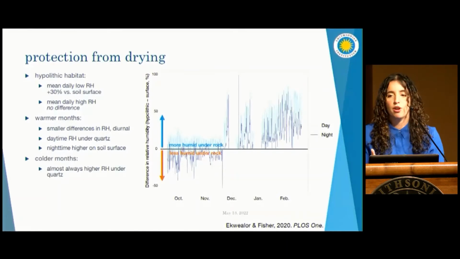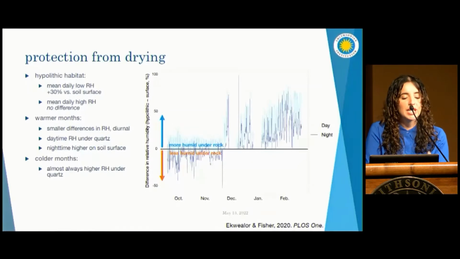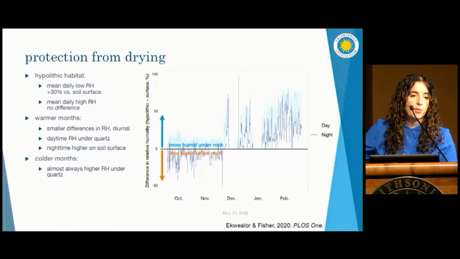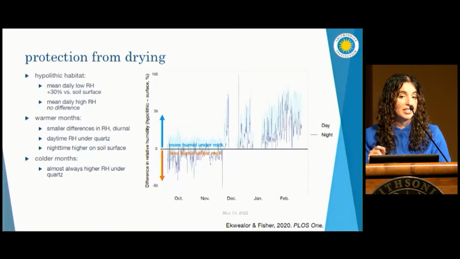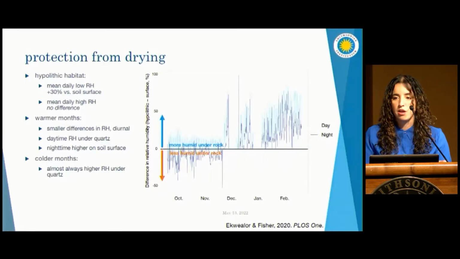Remember, these are photosynthesizers, and so they can photosynthesize only when there's light. So it's really important that they're hydrated during the day in particular. So that benefit of being more humid under the rock during the day, that's key.